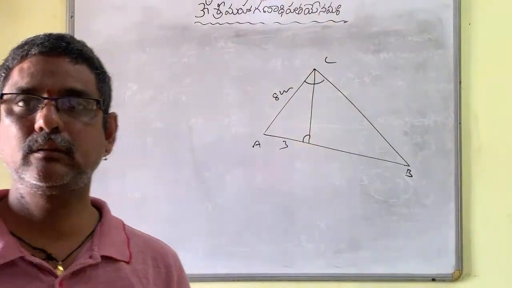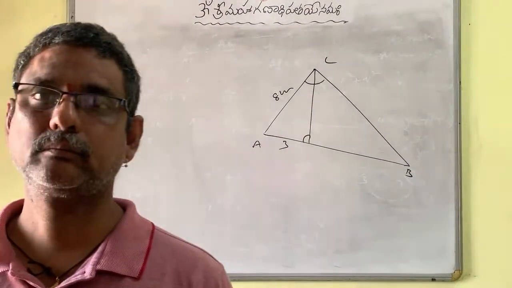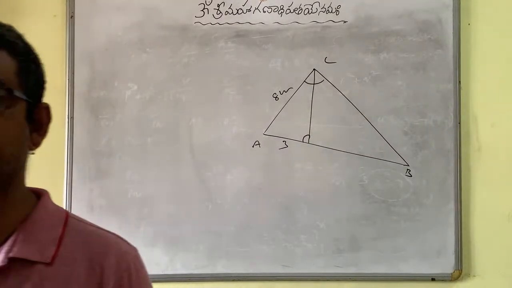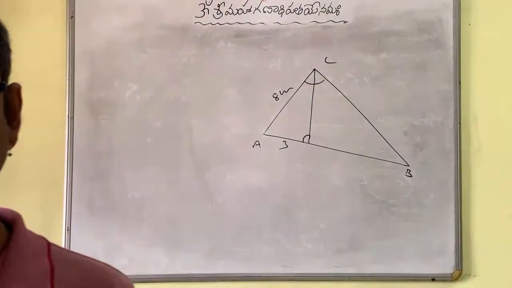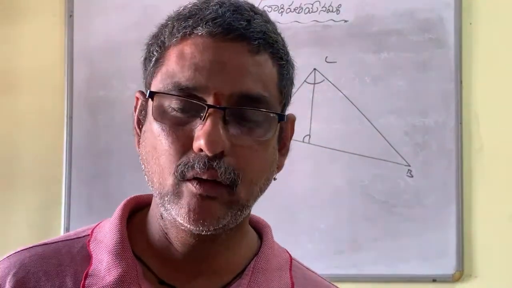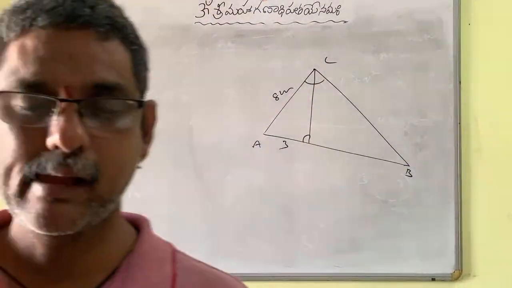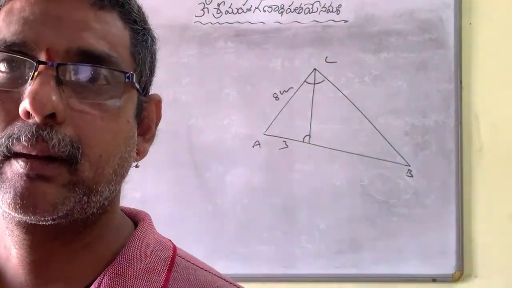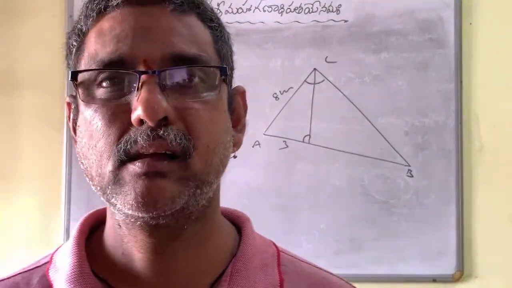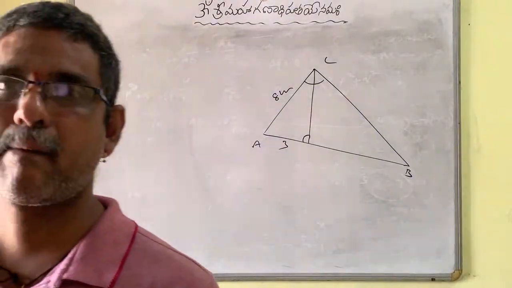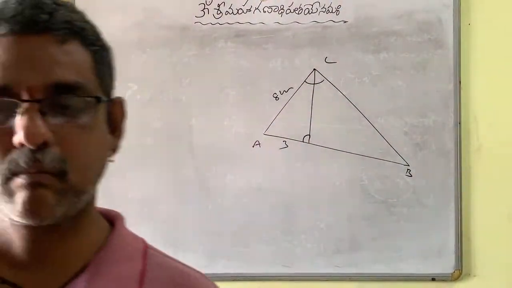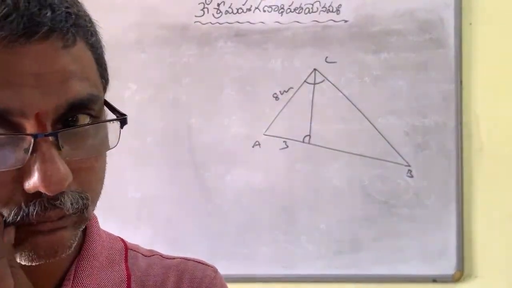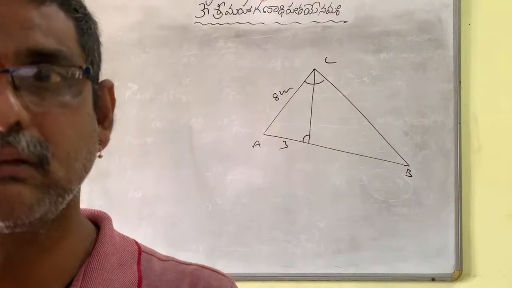How to do this? We need to find BD. Any idea?